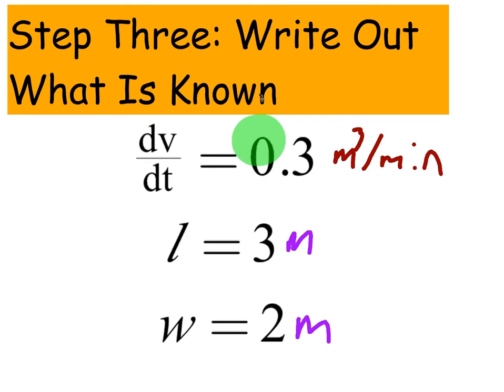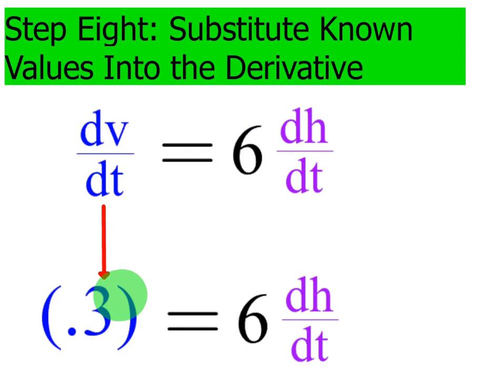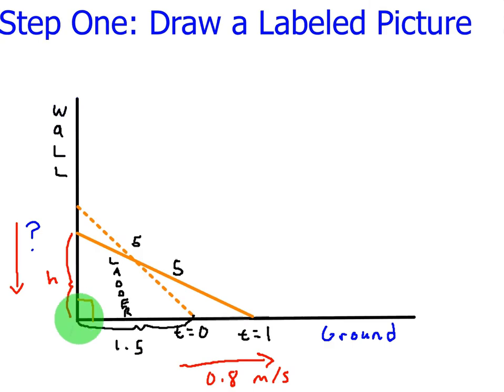Let's look at the next example for step 8, which is plugging in what you know. Remember, example 2 has to do with the ladder sliding away from the wall. We want to figure out how fast the height of the top of the ladder is dropping. This might be important. What if you're on the actual ladder and you're afraid that it's going to fall down too fast and hurt you?